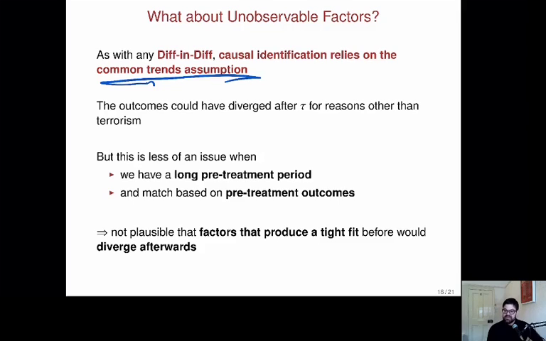This is obviously less of an issue when you have a very long pre-treatment period, because the longer your pre-treatment period is, the harder it is to find a good match with units that are very, very different from your treated unit. I'm not saying impossible, but it's just harder. Also, unobserved factors are less of a concern when you match on actual pre-treatment outcomes.